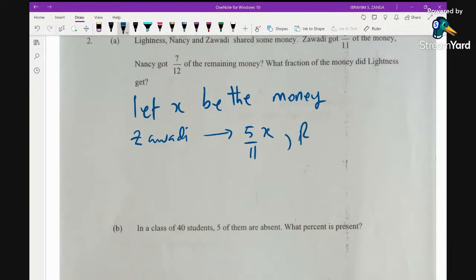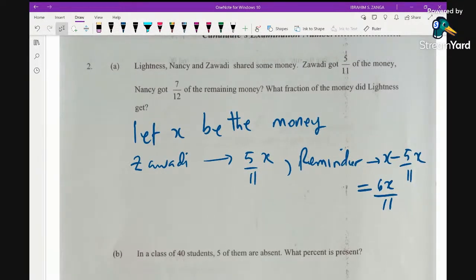So after Zawadi, the remainder will be x minus 5/11 x, which is 6x/11, taking 11 minus 5.